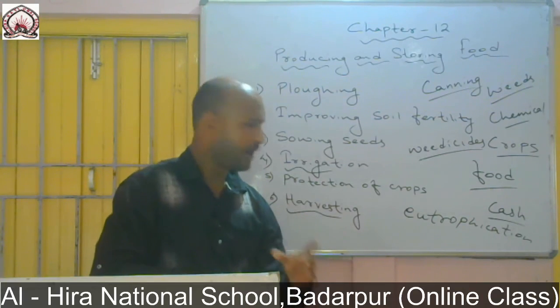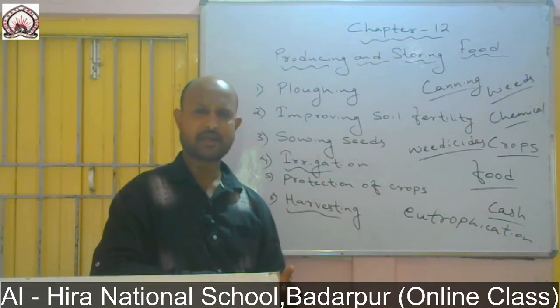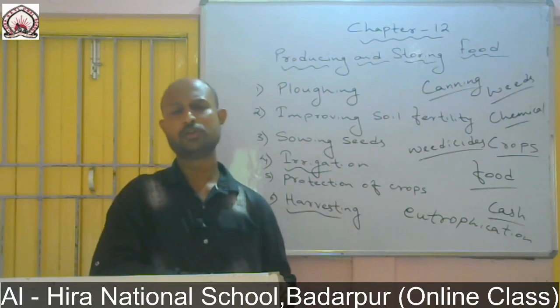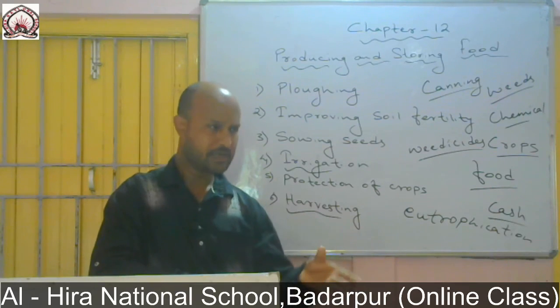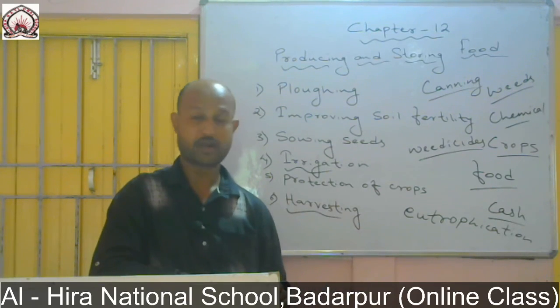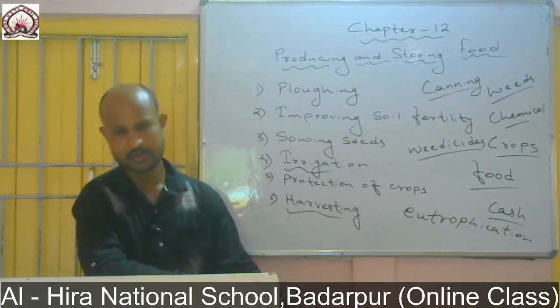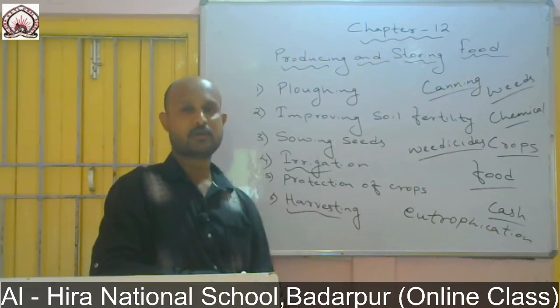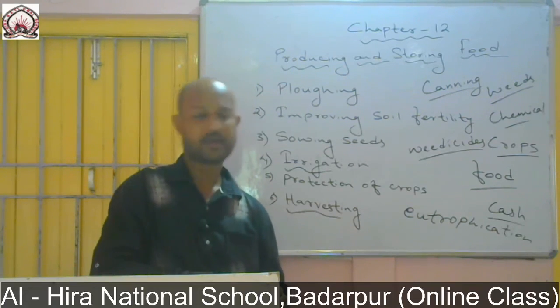To undergo the canning of foods, the food has to be heated at high temperature to kill the microorganisms present in the food. And lastly, it is packed in airtight cans so that no microorganisms can enter it from the air. In this way, my students, we are able to store different types of food by canning.